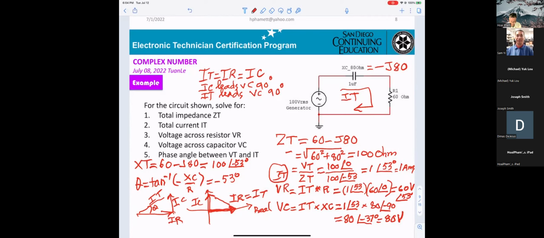The phase angle is positive, which means IT will be leading VT by 53 degrees. However, to make it easier, when you look at the series, the phase right here is minus 53. That's the answer.